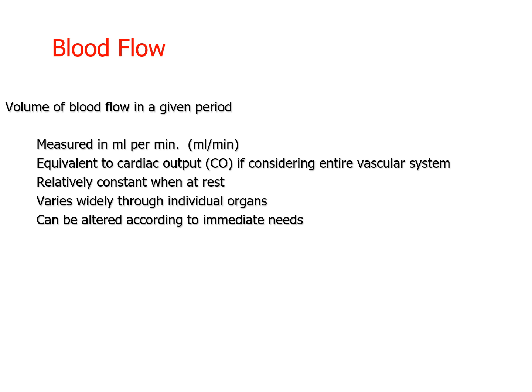Okay, let's talk a little bit about blood flow overall. What you have is a certain volume of blood flowing through the system over a given period of time, measured in milliliters per minute. In 1 minute, the amount of fluid going through is equal to what the heart puts out.